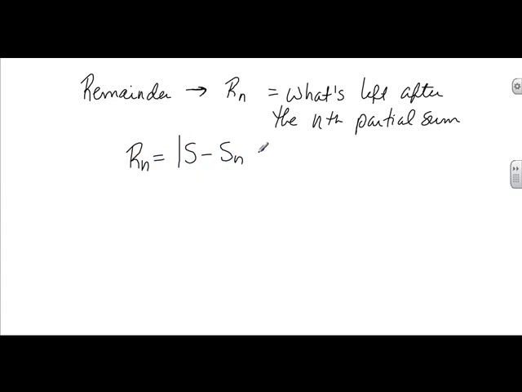We want to take the absolute value. Okay, the remainder is also the absolute error. It's the amount of error that we have if we approximate the value of the series with the nth partial sum.